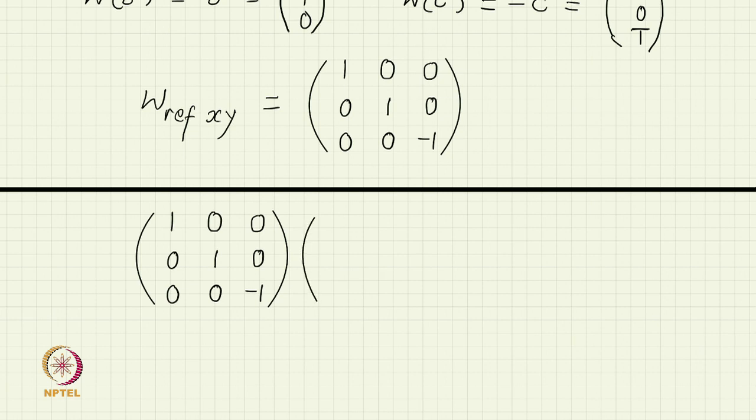Now, if you are reflecting any vector in the x, y plane, this is what you expected, isn't it? It should not change its x coordinate, it should not change its y coordinate, and it should make the z coordinate negative.